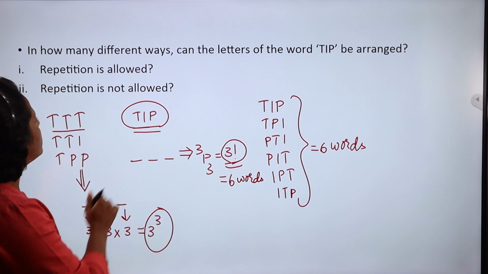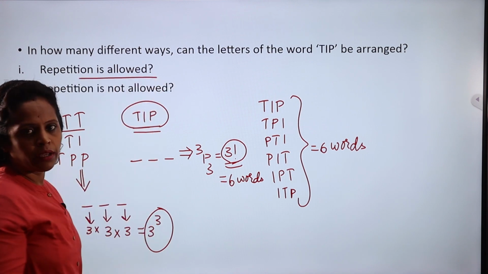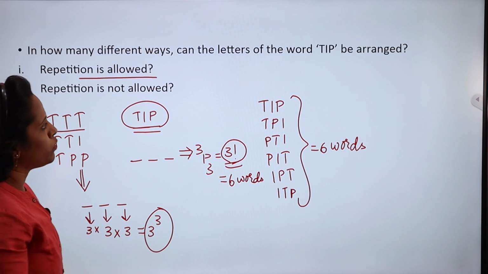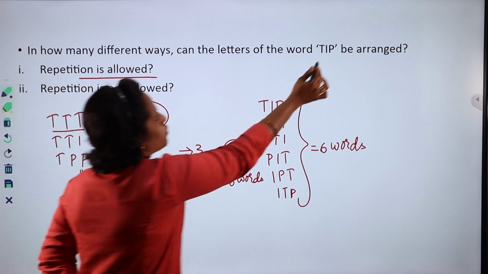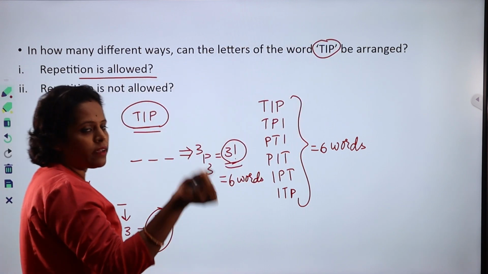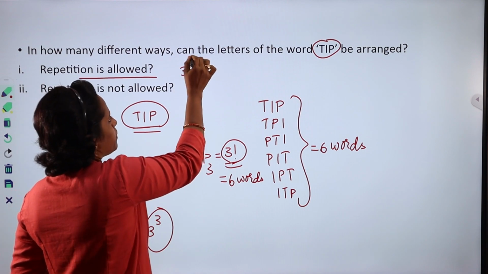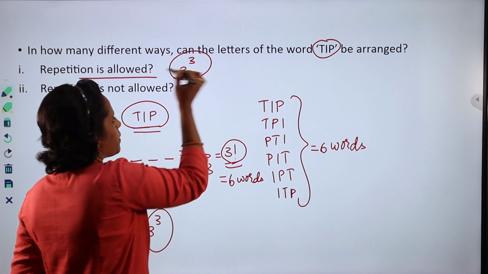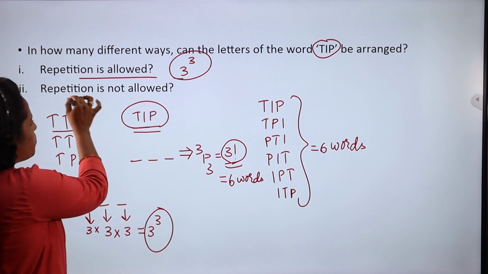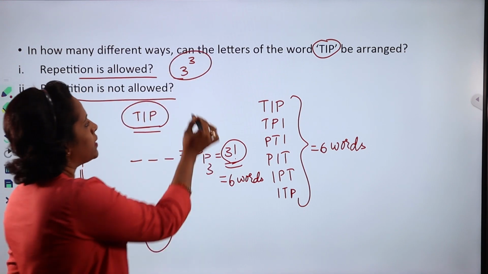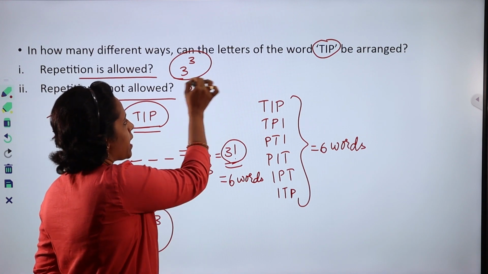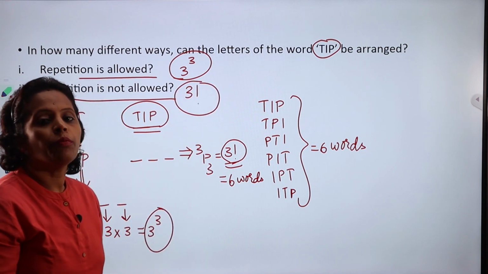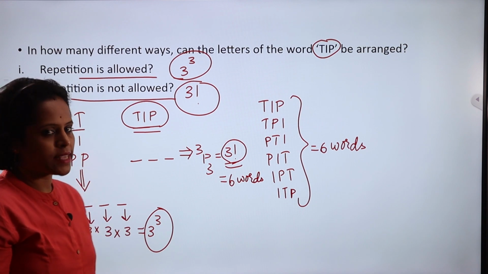So whenever the repetition is allowed, the number of 3-letter words that can be formed using the letters of the word TIP will be 3 power 3 because we have 3 letters, right? Now when repetition is not allowed, the answer is 3 factorial. Hope you understood. Let's see the next example.